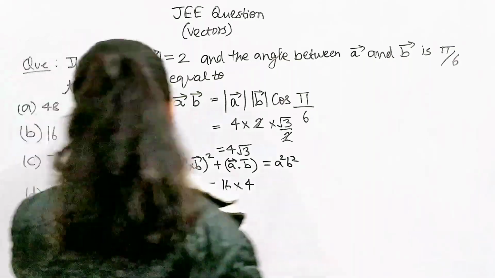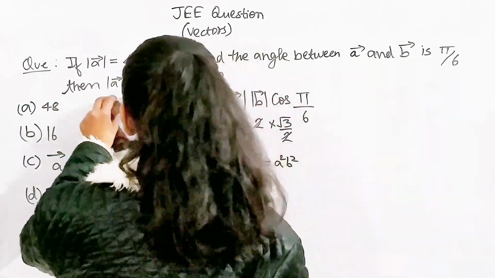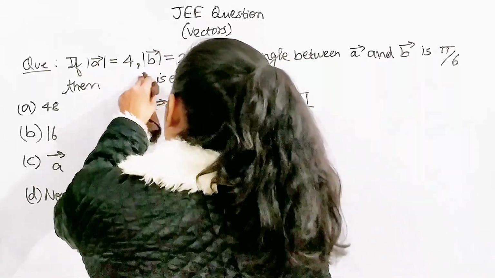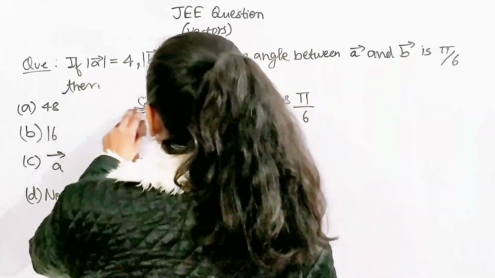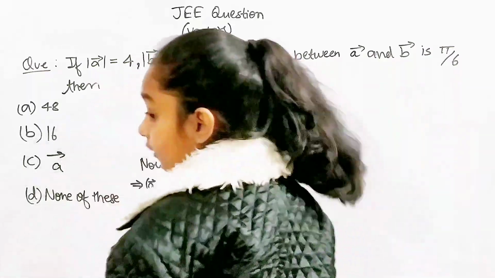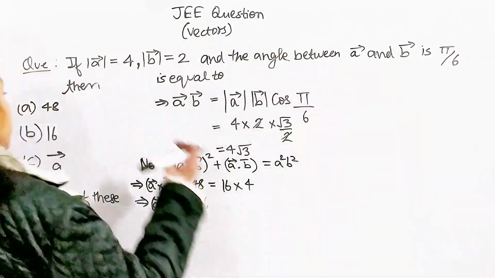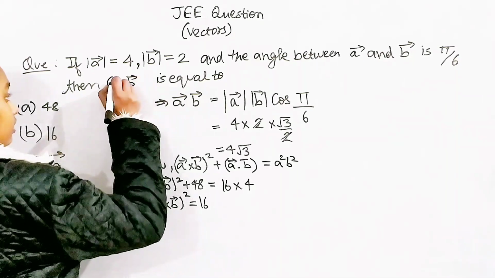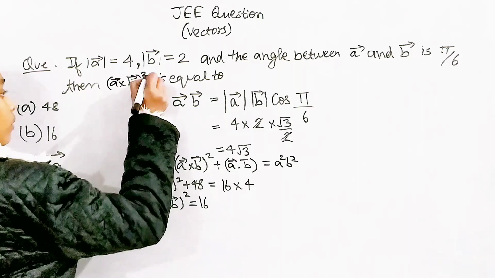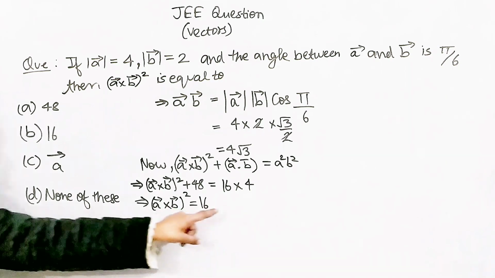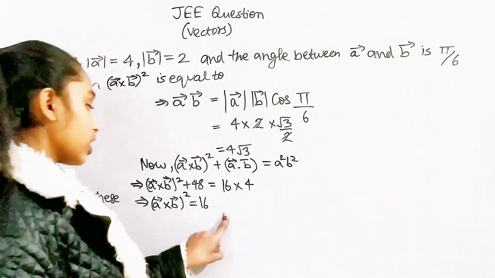I was a little confused when I was writing the question. So it is (A cross B) whole square, remember this, okay? After this step, we're going to get our answer, which is 16.